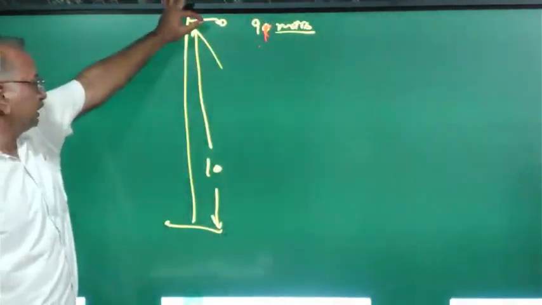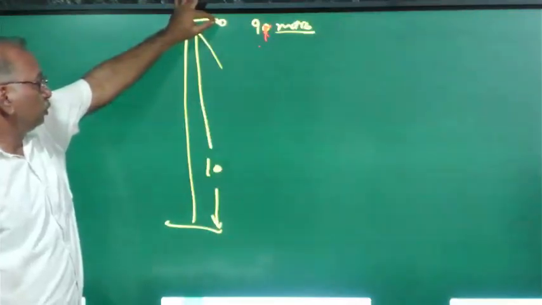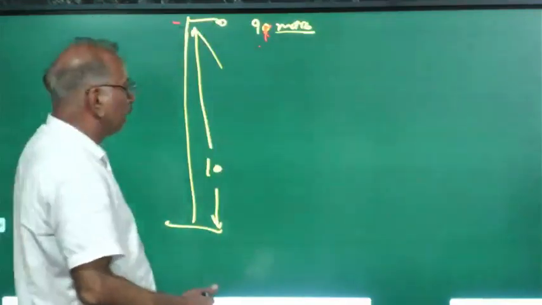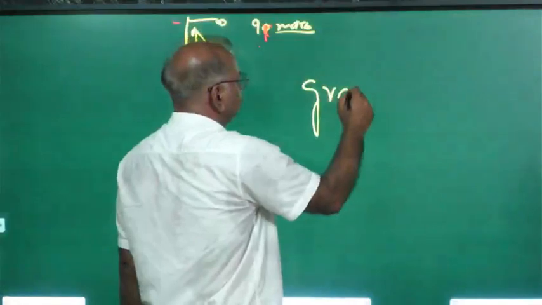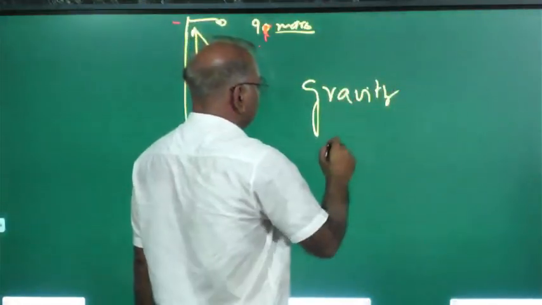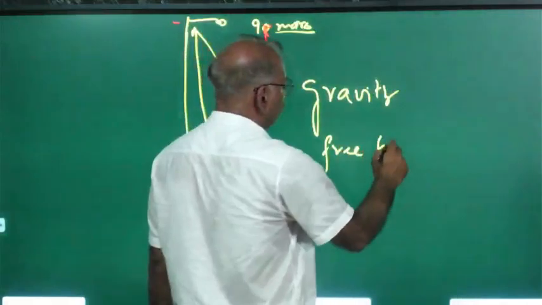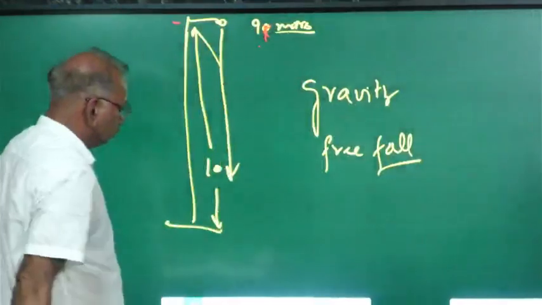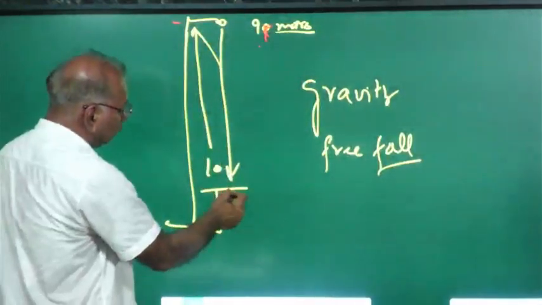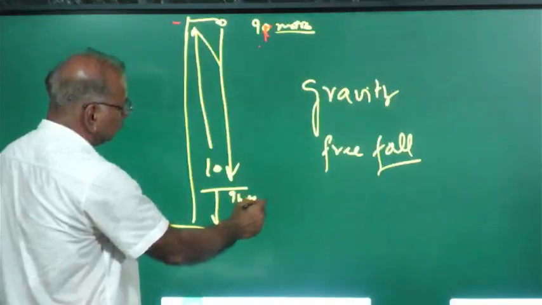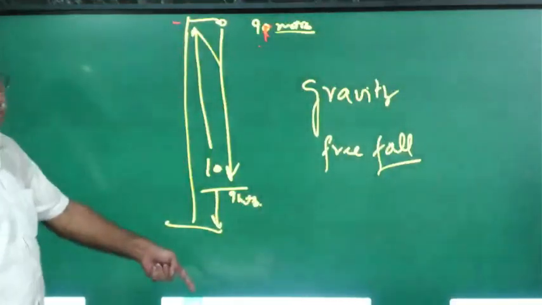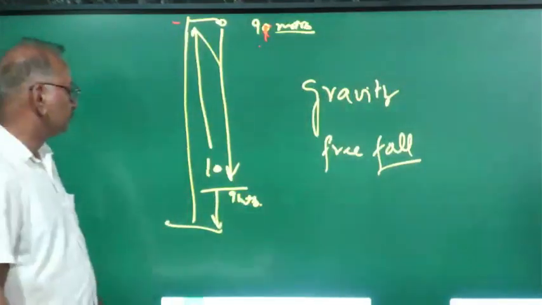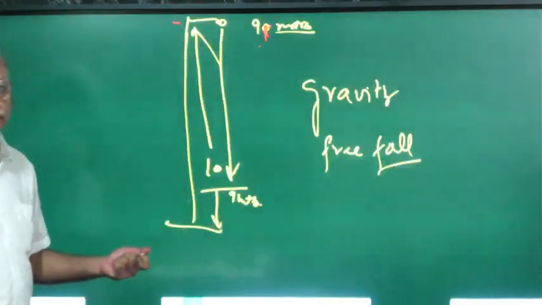And suddenly you throw this ball so that it will start coming down under the influence of gravity, and there will be a free fall. So it will start coming down. But as soon as it comes to the distance of 9 meters, the string attached to it will apply an opposite tensile force.